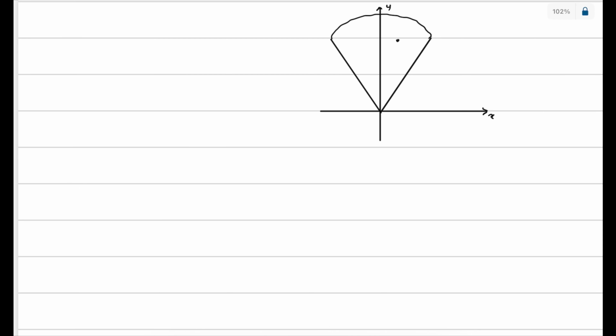M1, M2, M3, M4, M5, numerous particles are there, and for each particle the distance from the axis is this.